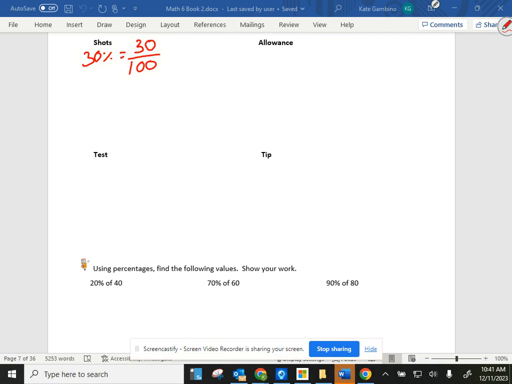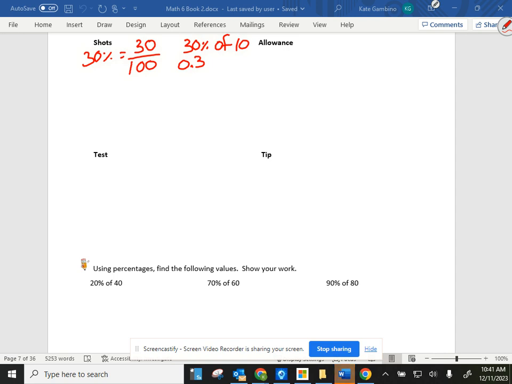How would we convert that to a decimal? So we could say she made 30% of 10 shots. So you're converting that 30% to 0.3. What does the word "of" mean? What operation? Who remembers? We've talked about this a long time ago.